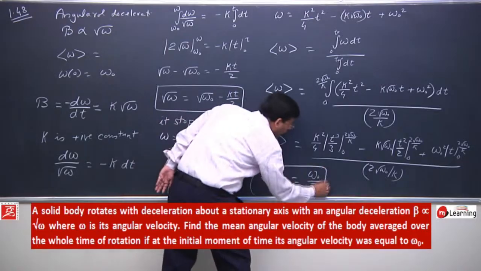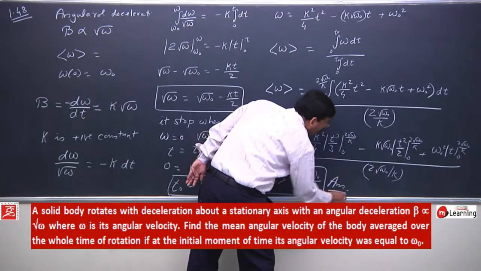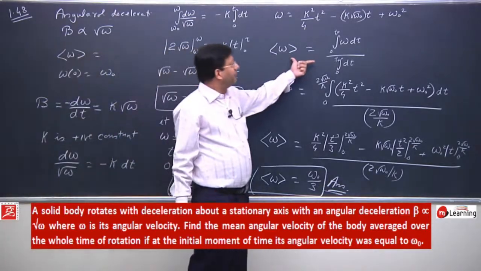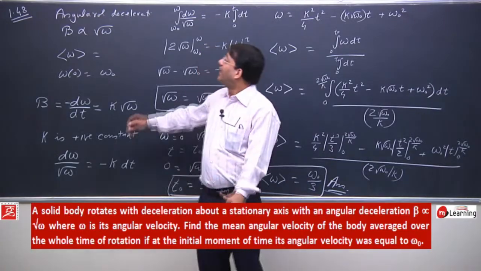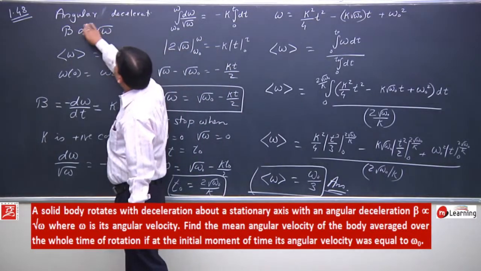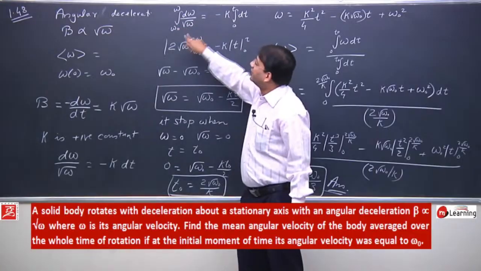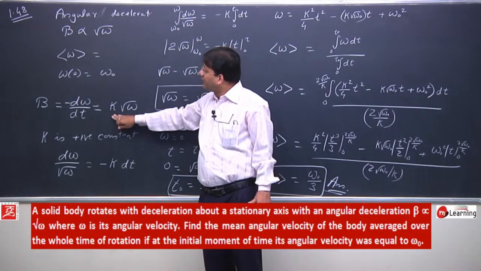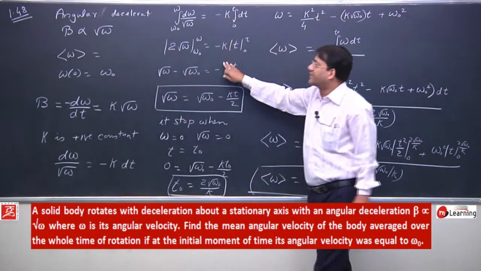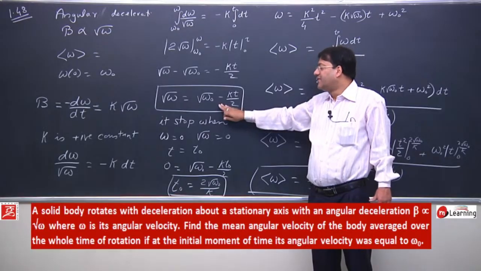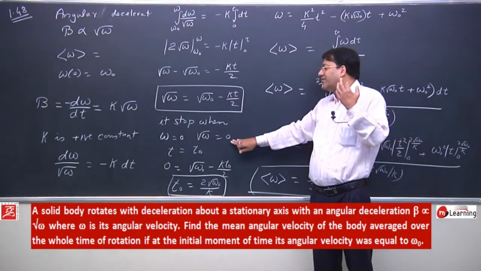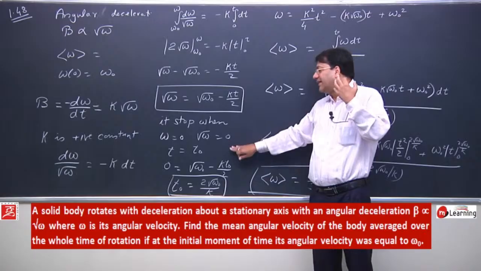The k term would get cancelled. The problem simply involves the definition of mean angular velocity and angular deceleration, and the solution of the simple differential equation in order to get the angular velocity expression, and to apply the condition that when the particle stops, angular velocity becomes 0, root of angular velocity should become 0, and that time is t naught.